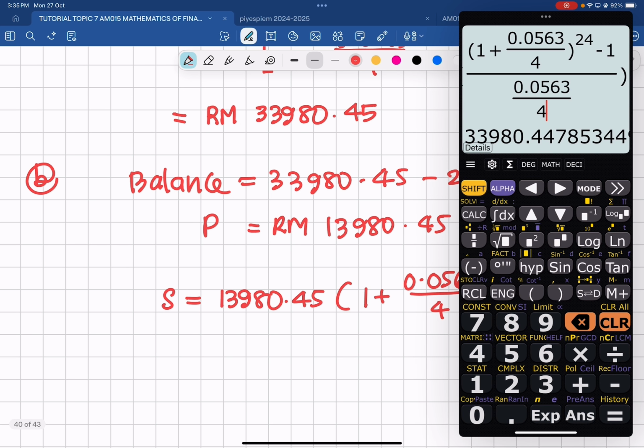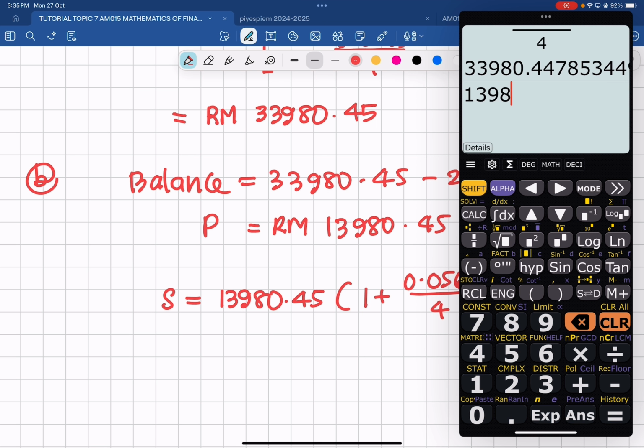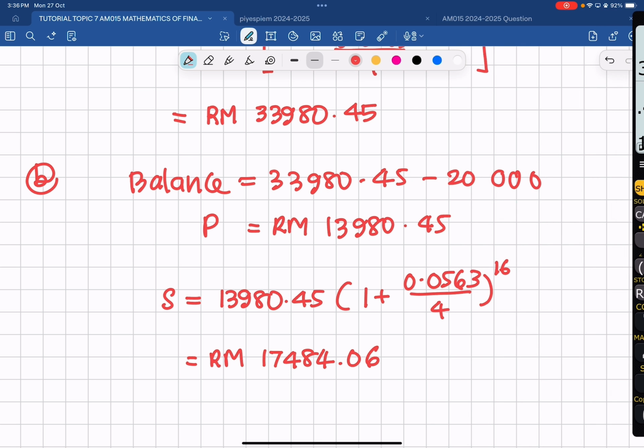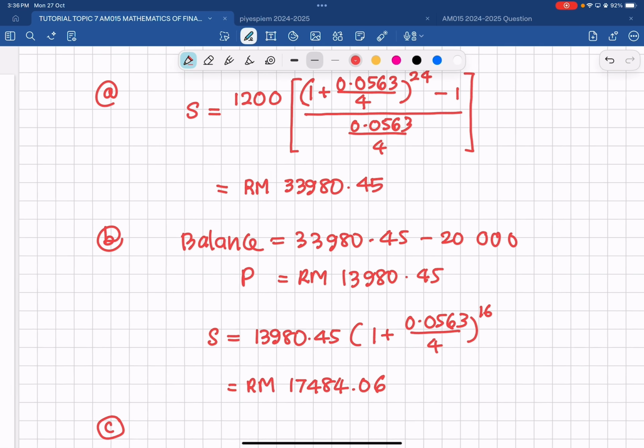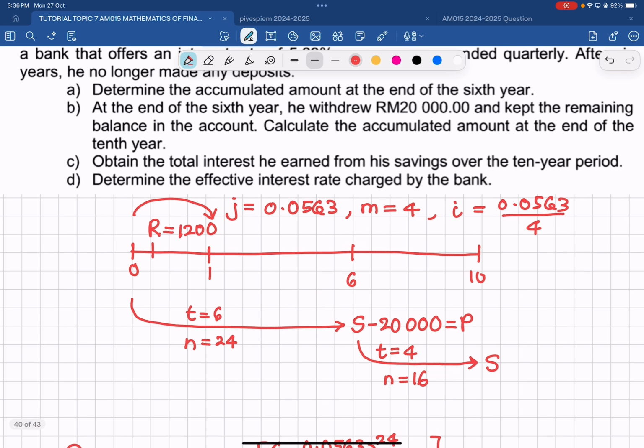So you can find the new S after 4 years. What did you get? RM 17,484.06. That is the compound amount at the 10th year, selepas 4 tahun ataupun pada tahun ke-10.